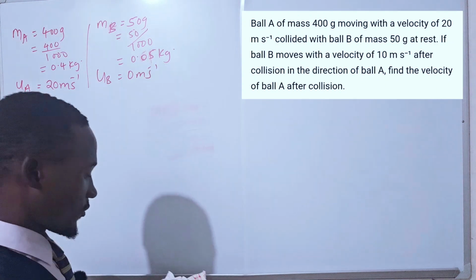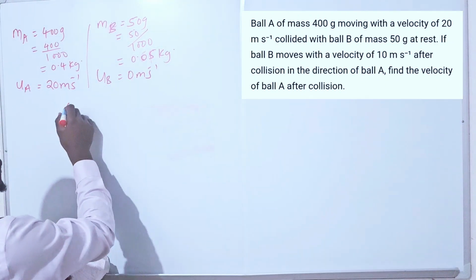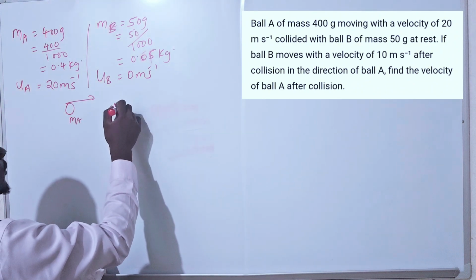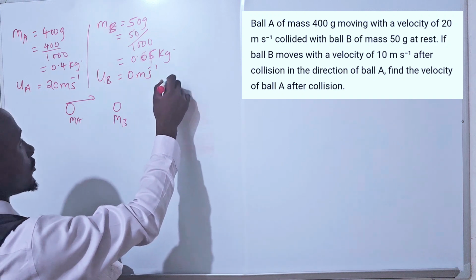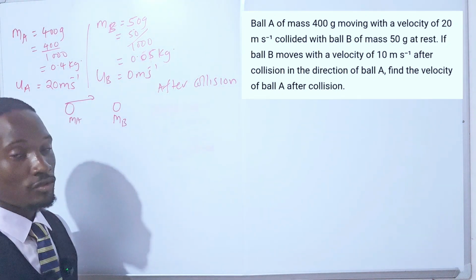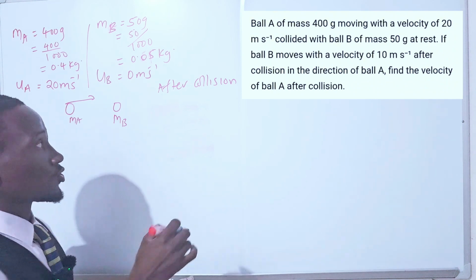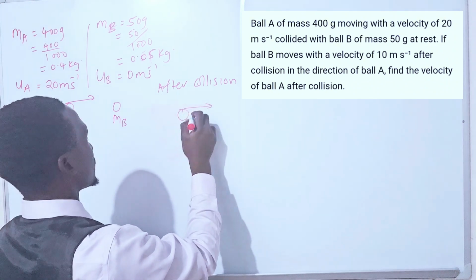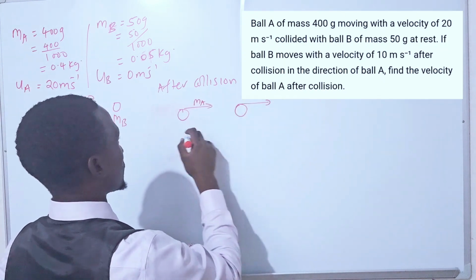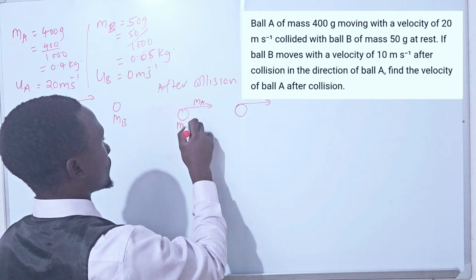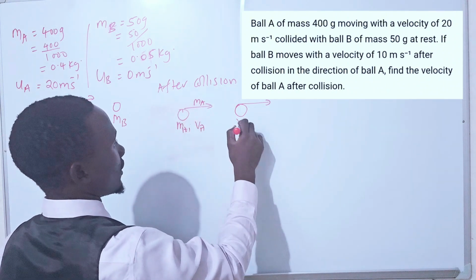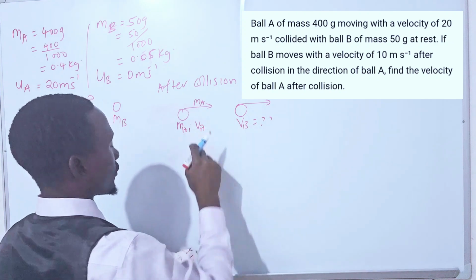They are telling us that after collision, ball B moves in the direction of A. So it means they move in the same direction after collision, with the velocity of A and the velocity of B. These are their final velocities.